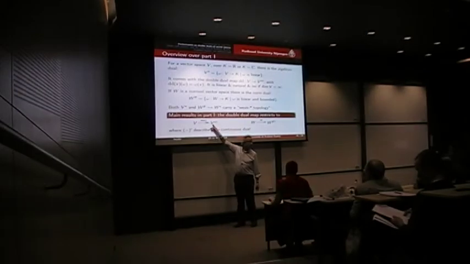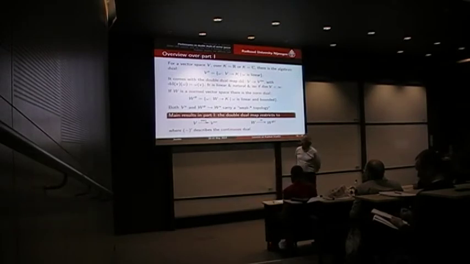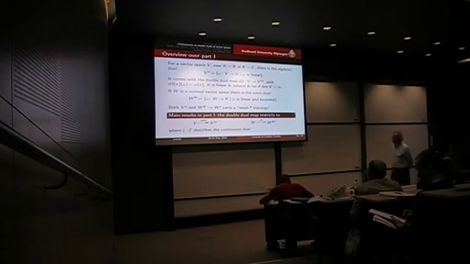The main result today is that for an arbitrary vector space, there is a surjection from V to the continuous dual of V star. And in the normed case, there's actually an isomorphism from V to the continuous dual of the norm dual. So it's very subtle here. You have these different dual spaces, which give you different restrictions on the original algebraic dual. And I will explain this in the remainder of the talk.